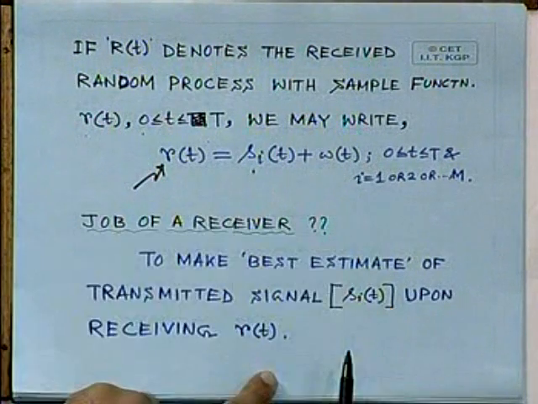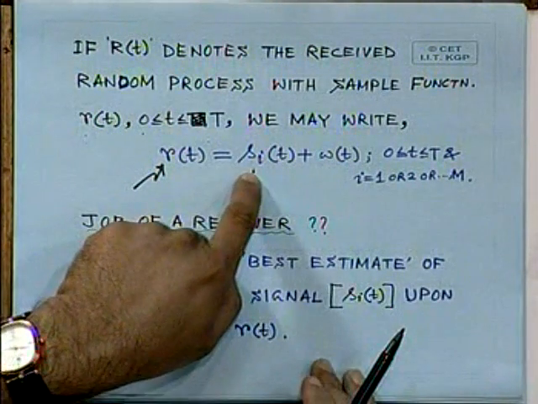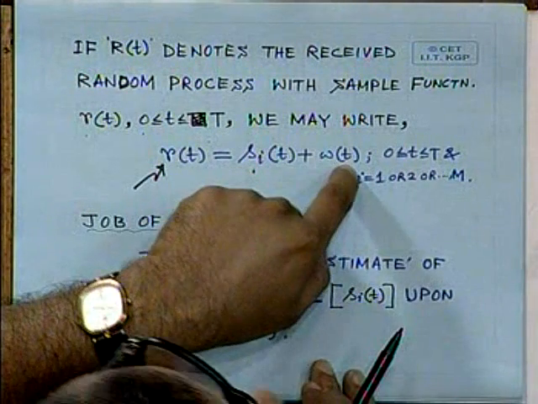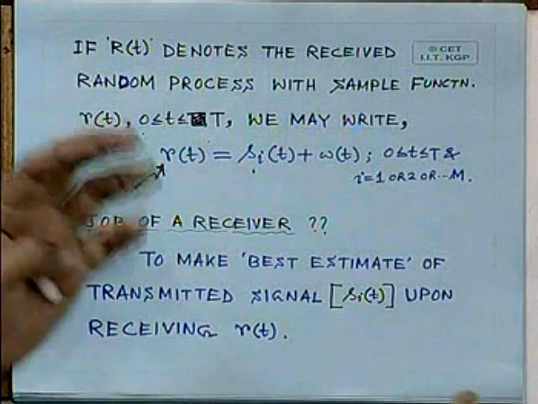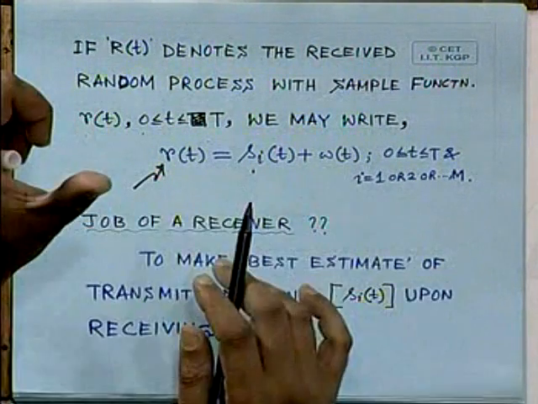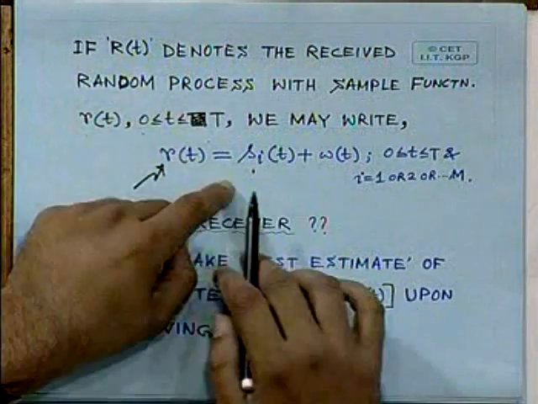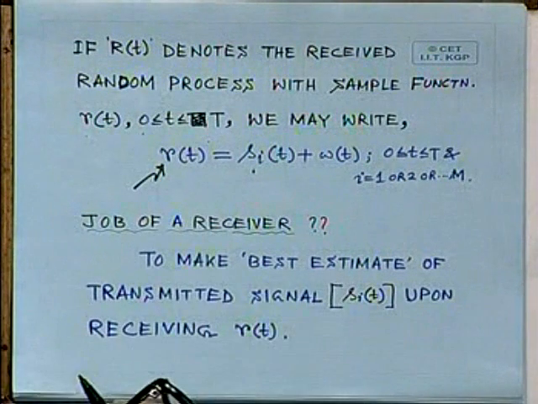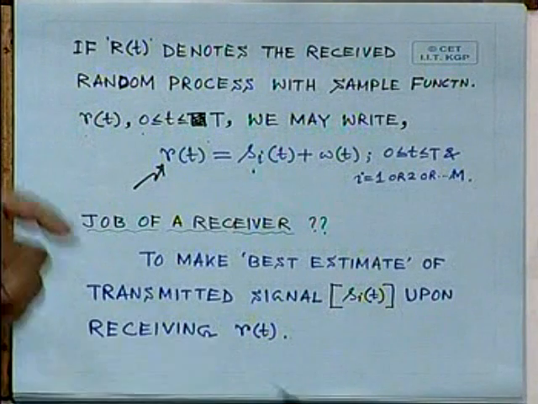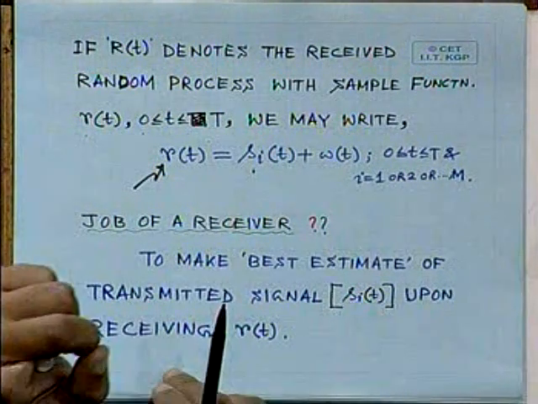My purpose as the receiver is to take a good decision of what s i of t was when I also had w of t coupled with that. But fundamentally both of them are random. So I have observed the addition of two random sample functions.